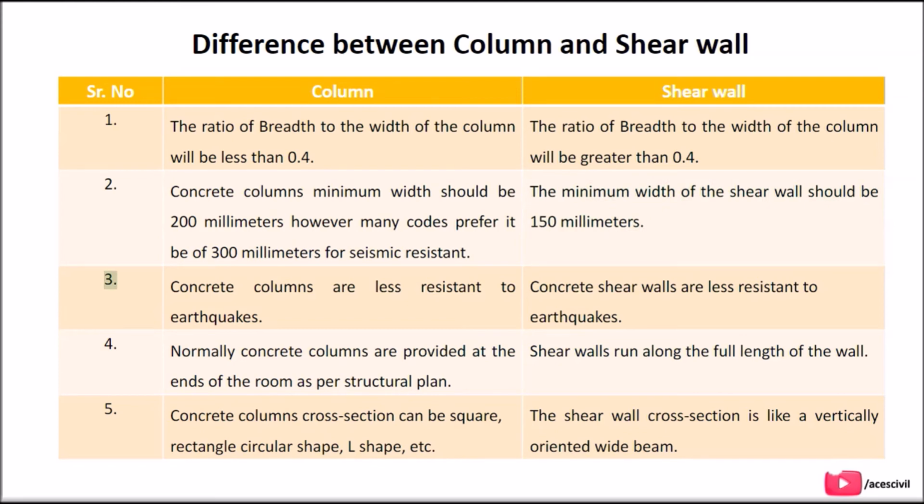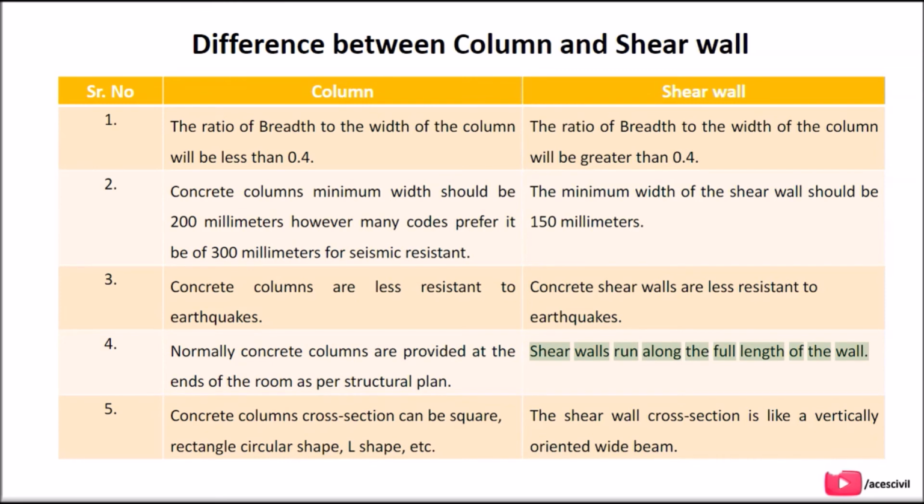3. Concrete columns are more resistant to earthquakes. Concrete shear walls are less resistant to earthquakes. 4. Normally concrete columns are provided at the ends of the room as per structural plan.